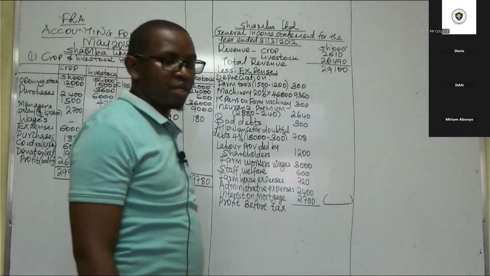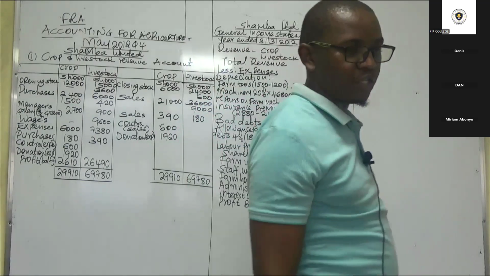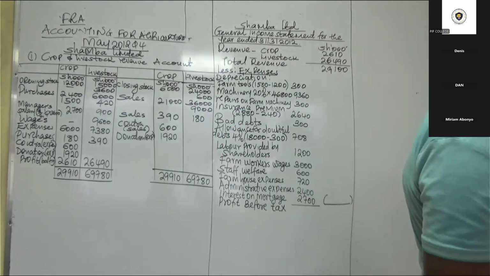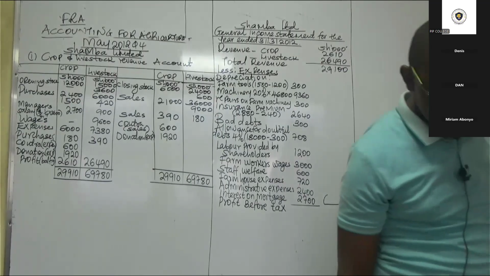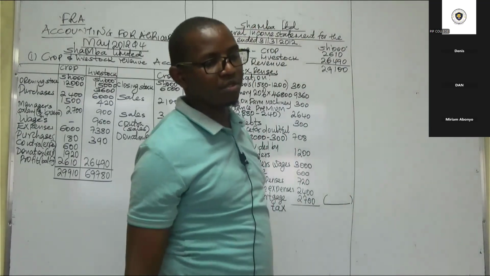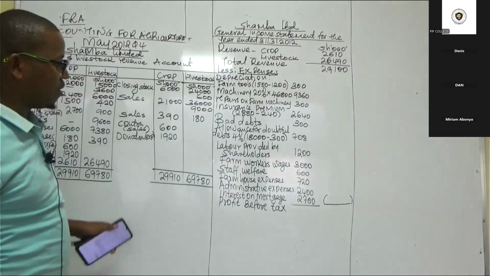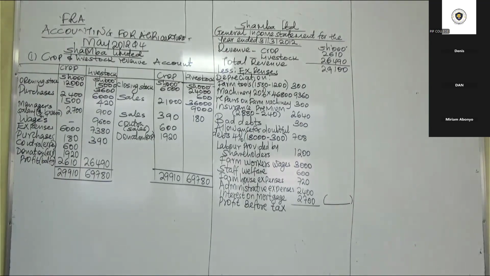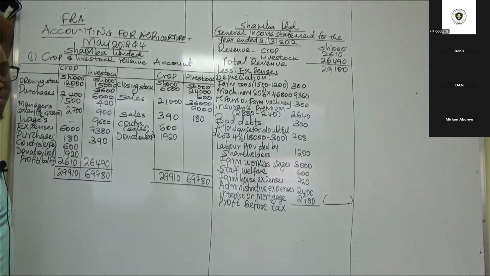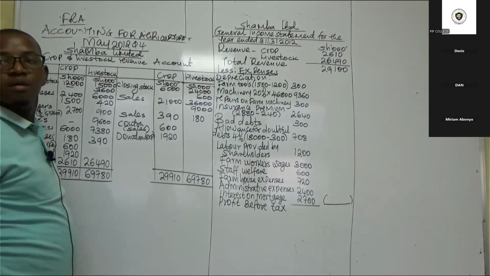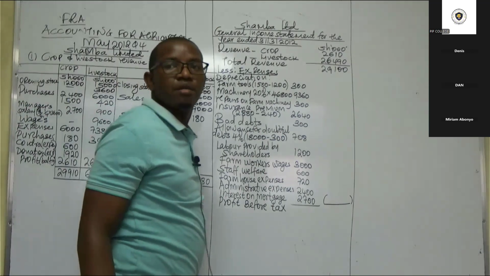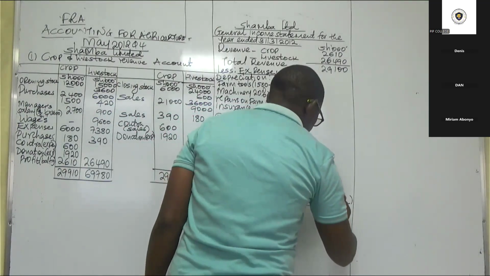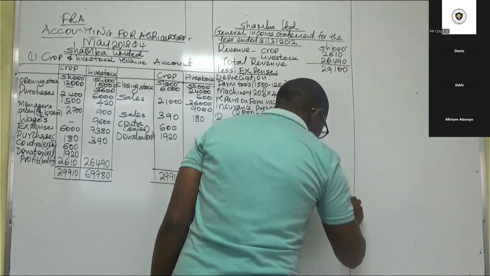Total expenses, how much are you getting? 24,28.